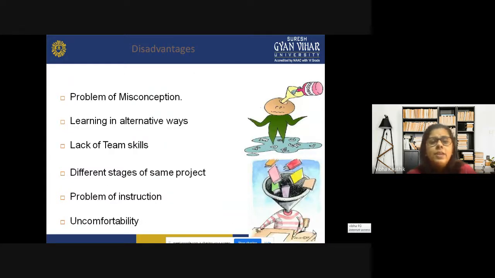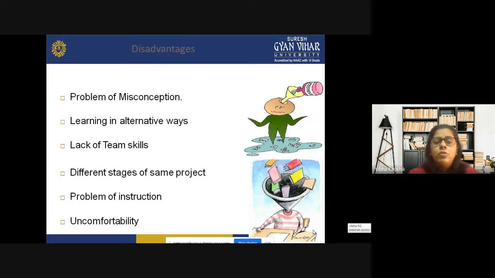Now, the disadvantages of the student centered approach. Problems of misconception. Learning in alternative ways, which means the teacher will apply different methods to teach. Lack of team skills, which means there is a lack of different skills when we are talking about team skills.